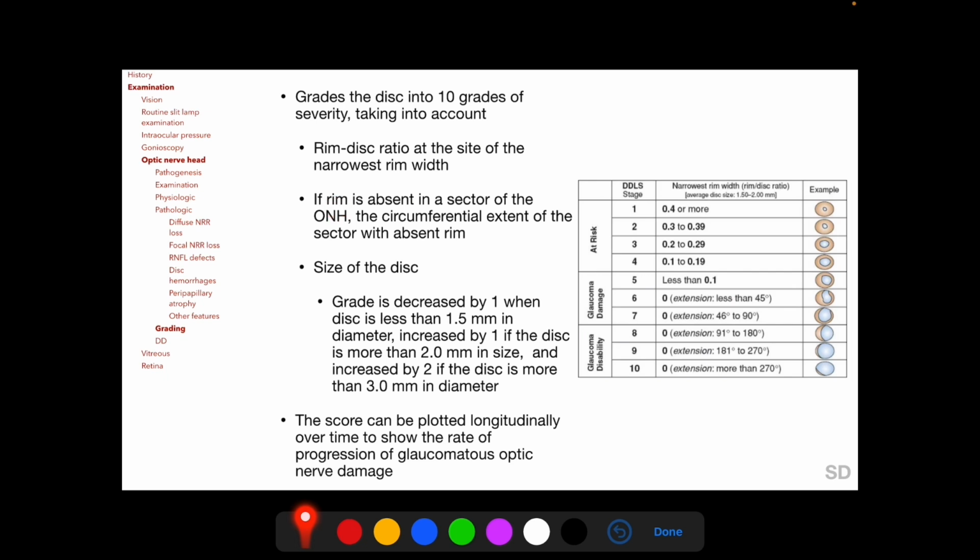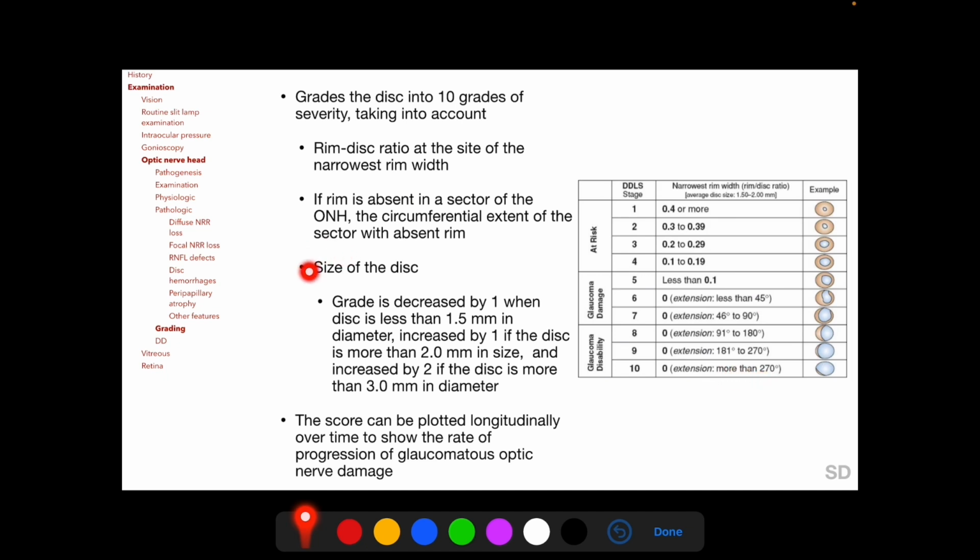But if the rim is absent in a sector of the optic nerve head, the circumferential extent of the area of absent rim is considered to grade the disc from 6 to 10, with the circumferential extent varying from less than 45 degrees to more than 270 degrees.